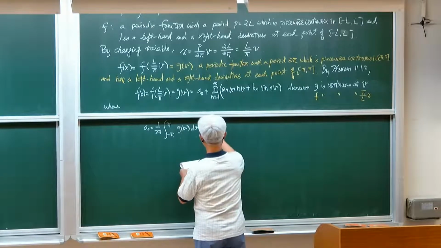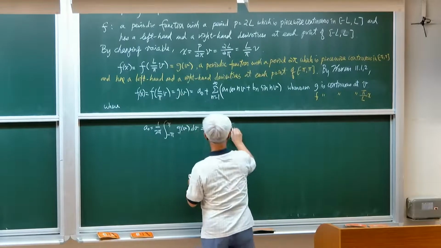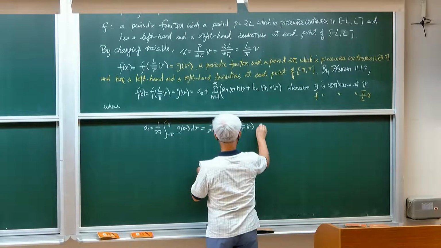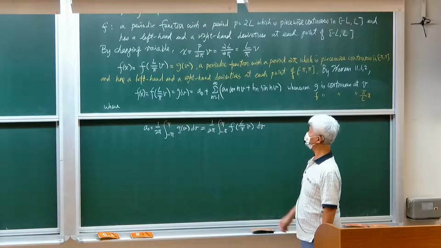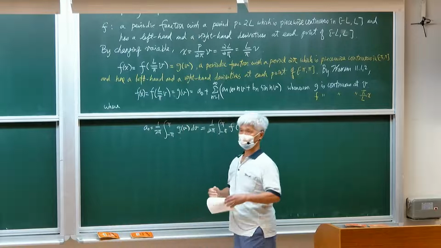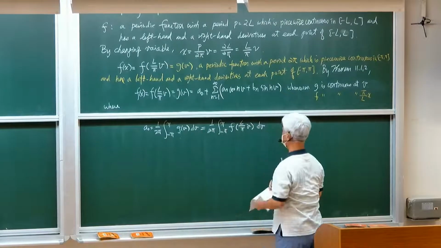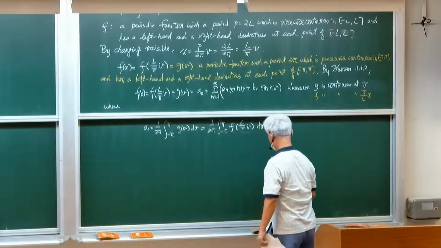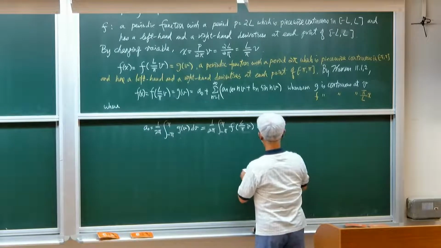Okay, and so by substitution, this G function is f of L over pi times v, dv here, because G of v is obtained by doing the change of variable. Okay, so we have that. Okay, and when you do that, you use the change of variable again, right?